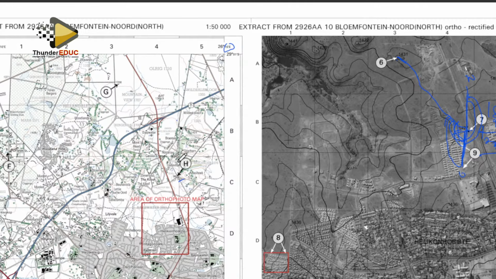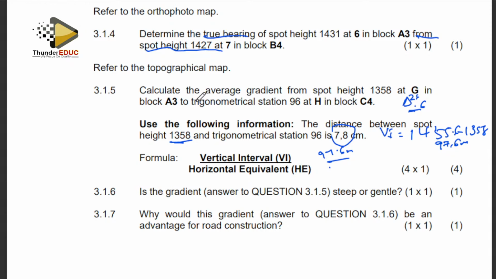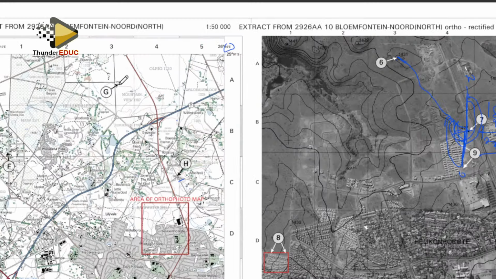The spot height is in which block? According to this question, the spot height is G, in block A3. Okay, G. So this is the spot height. So you just measure the distance from here to here, in centimeters, and then you convert.